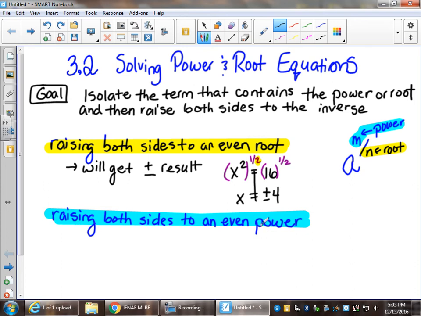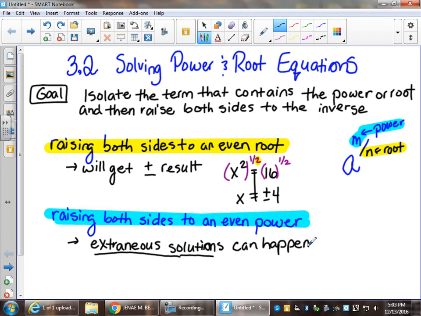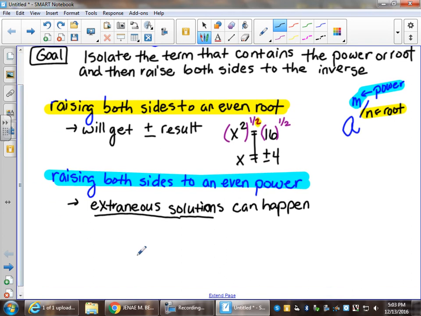When raising both sides to an even power, something called an extraneous solution, a new vocab word for us, can happen. This is an extra, see the word extraneous? Extra is kind of built in there.